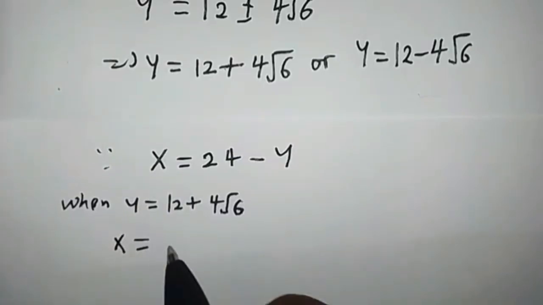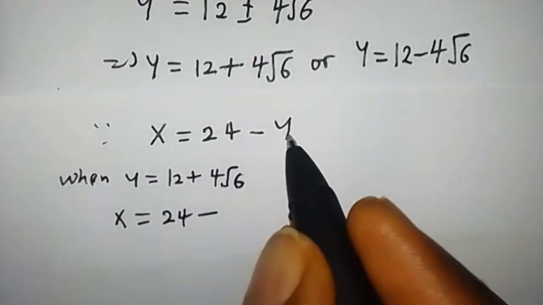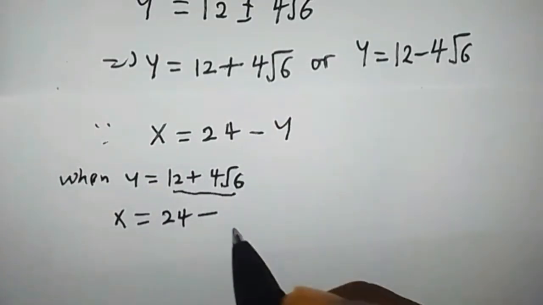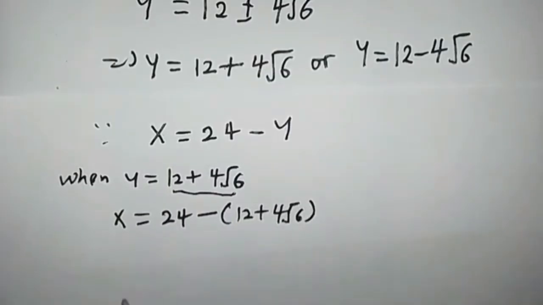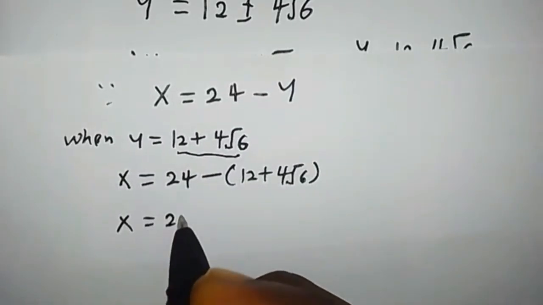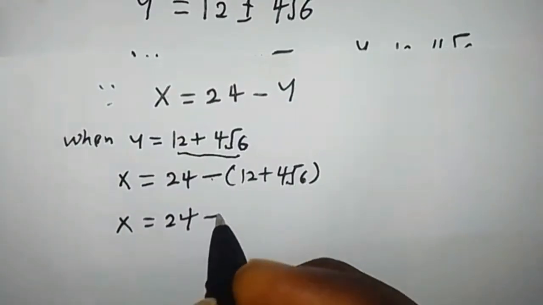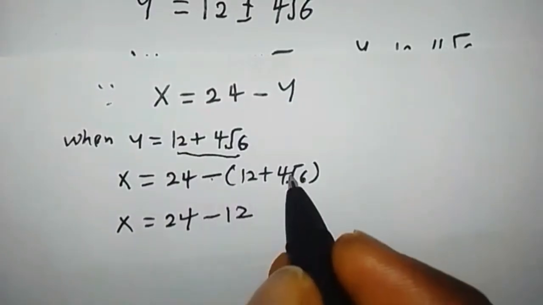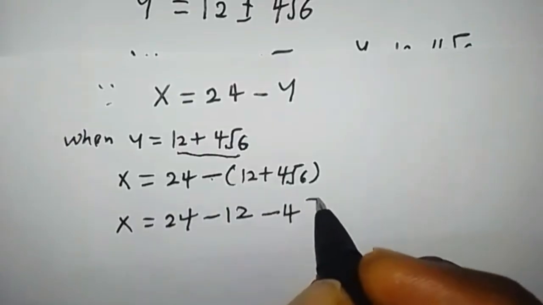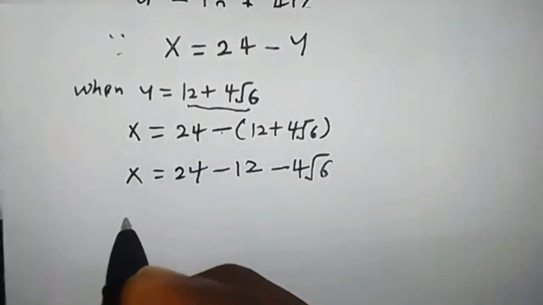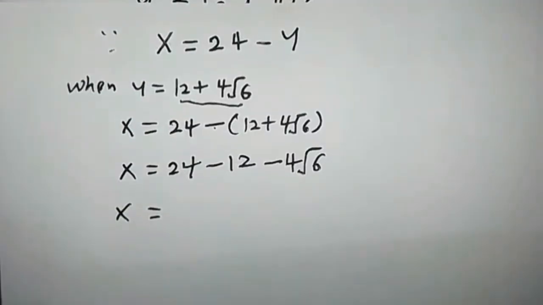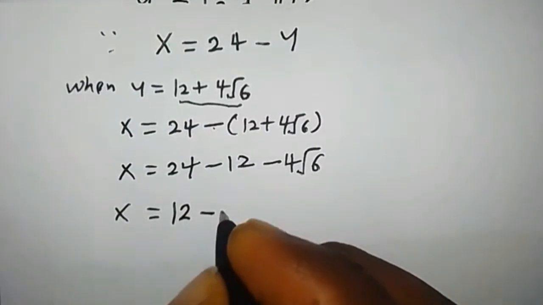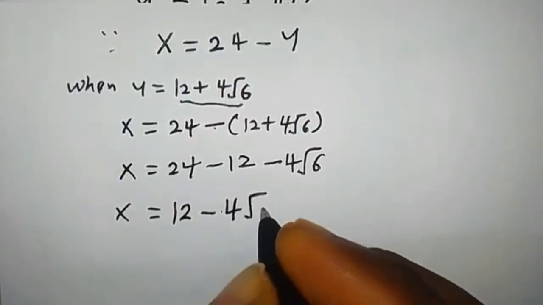We have x equal to 24 minus, in place of y, we write this. That will be 12 plus 4 root 6. X equal to 24. Minus times 12, minus 12. Minus times 4 root 6, minus 4 root 6. X equal to 24 minus 12, that is simply 12 minus 4 root 6.